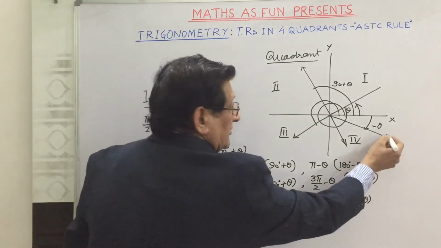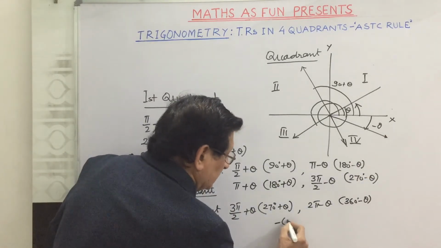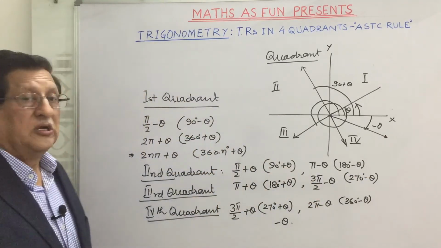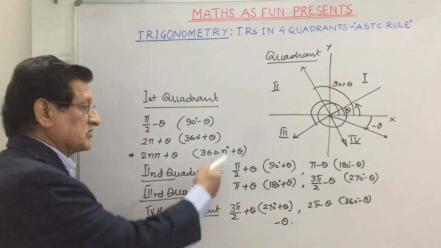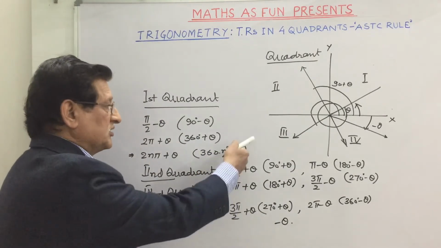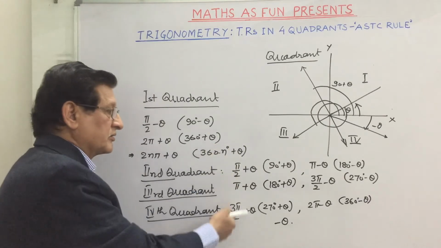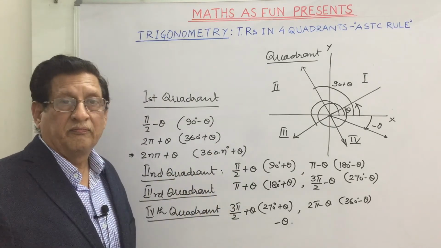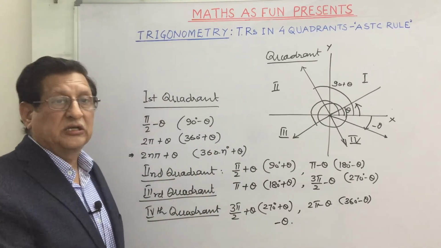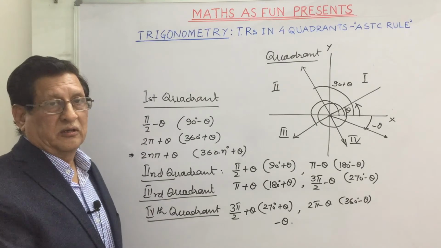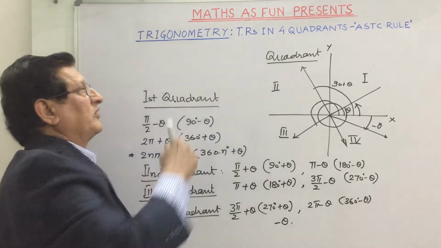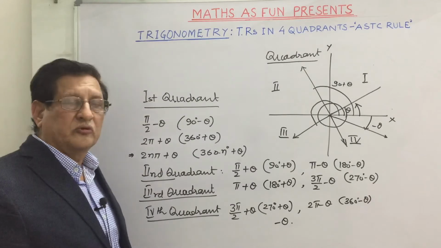It means minus theta also lies in the fourth quadrant. So we will be discussing all these particular angles and their trigonometrical ratios in terms of theta in all these cases when we talk about trigonometrical ratios in four quadrants.